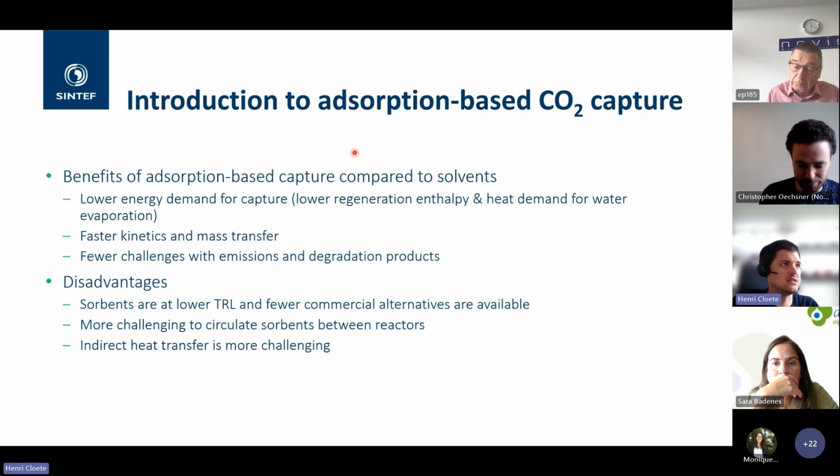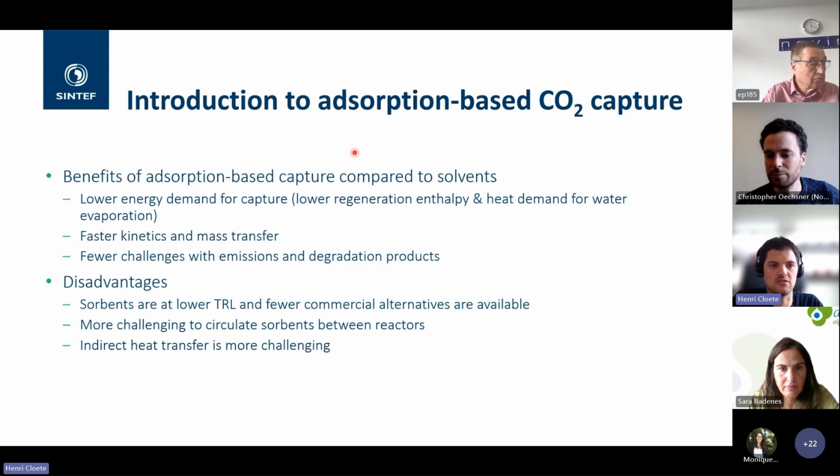But in general, we can say that there's lower energy demand for the capture using solid solvents. This is partly because of lower regeneration enthalpy, but also because in solvent-based processes, there's quite a lot of heat demand to recover water that is evaporated in the process. That's something that you avoid in adsorption-based processes.